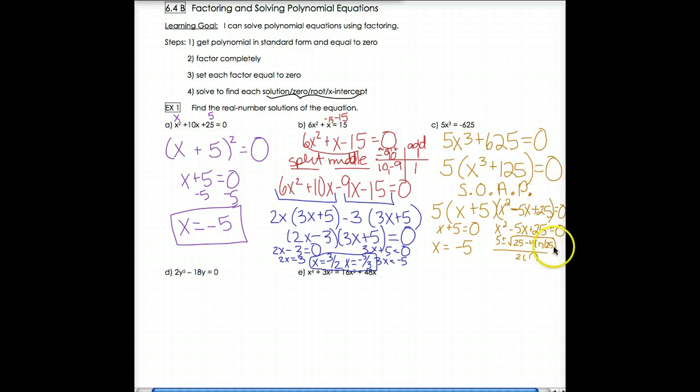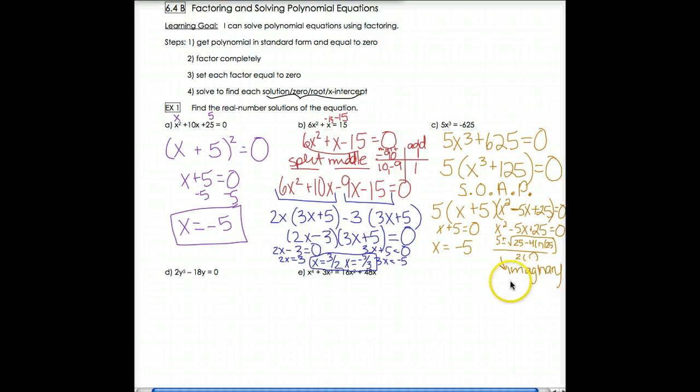What I notice here is that I'm going to get an i because inside here I end up with 25 minus 100. And if I've got a negative under the square root, that means these are going to have imaginary solutions. I always see people get confused, and I don't want you to be confused here. It's not that there isn't a solution, it's that the solutions are imaginary.